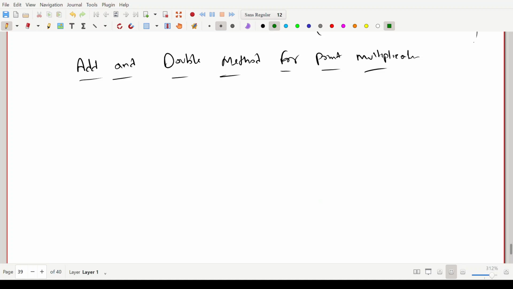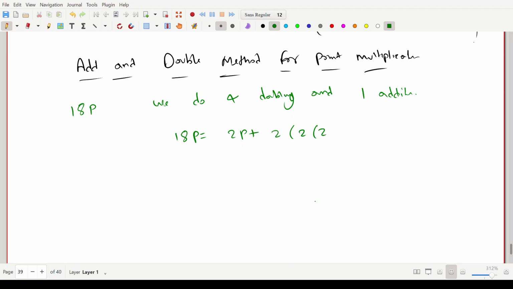Similar to the square and multiply method, we use the add and double method in elliptic curve multiplication. For example, suppose I want to find 18P, that is 18 multiplied with P. What I can do is 4 doublings and one addition. That means 18P is 2P plus 2 times 2 times 2 times 2P.